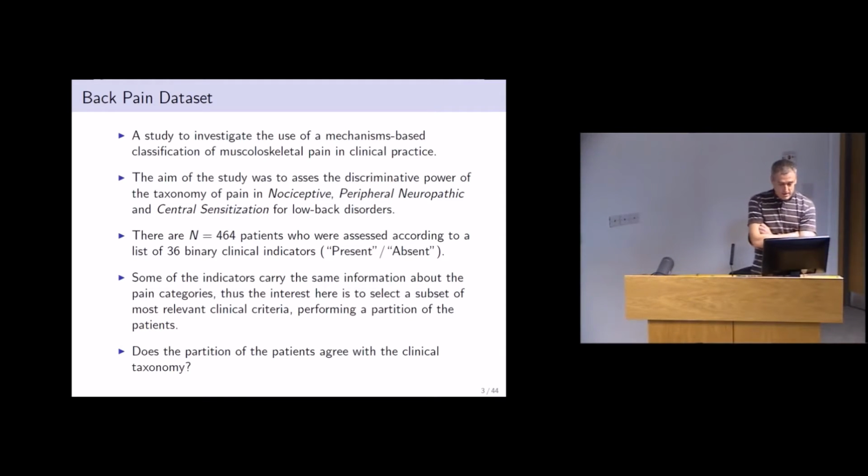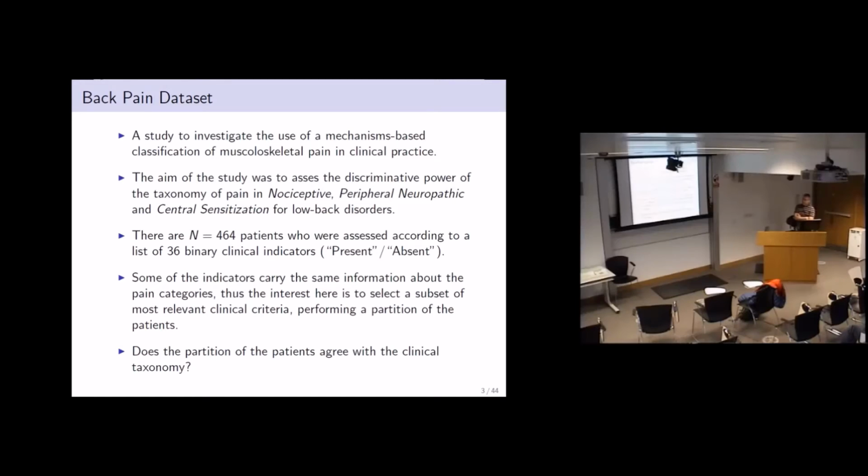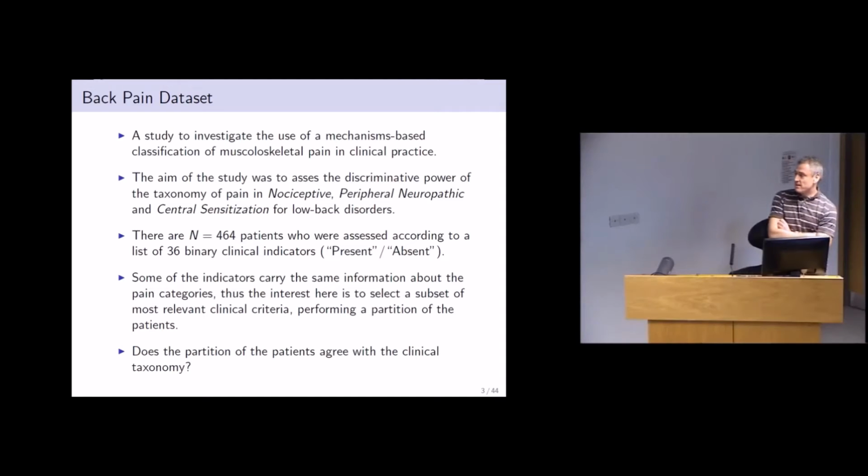He was interested in us analysing the data without taking into account that group information. He wanted us to look at the 36 categorical presence-absence variables for all of the patients, see what groups we found, and then after the event see whether these correspond to the groups the physiotherapists believe to be present.